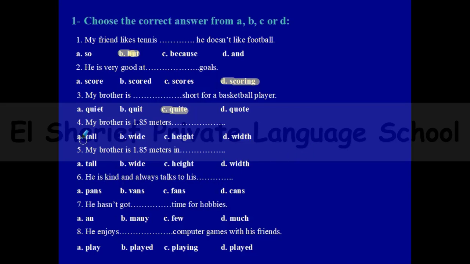So we can say that number 4 is 1.85 meters tall. Number 5 is the same sentence, but there is one difference. Number 5, my brother is 1.85 meters in, and there is a space. So if there is the word "in", I will use a noun after the preposition in. I will say my brother is 1.85 meters in height.